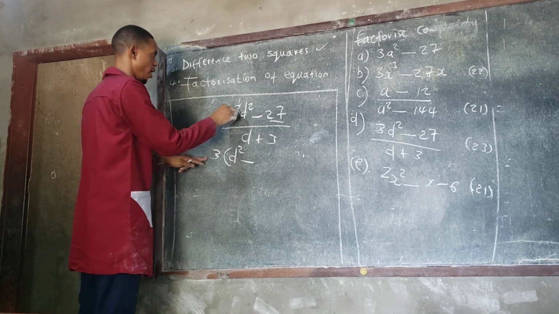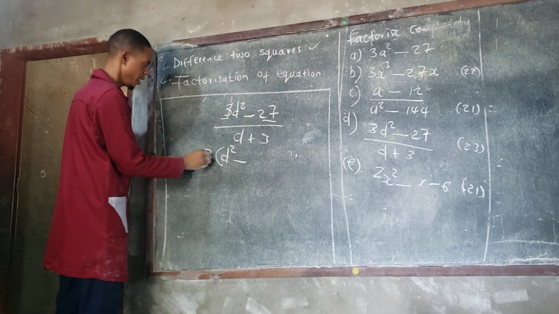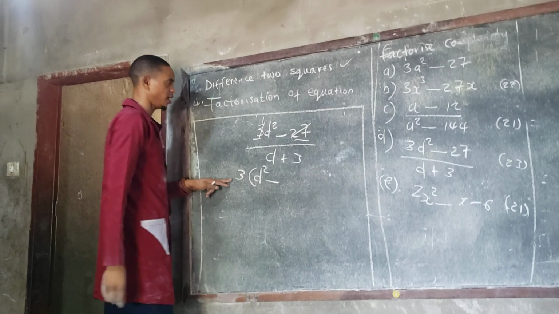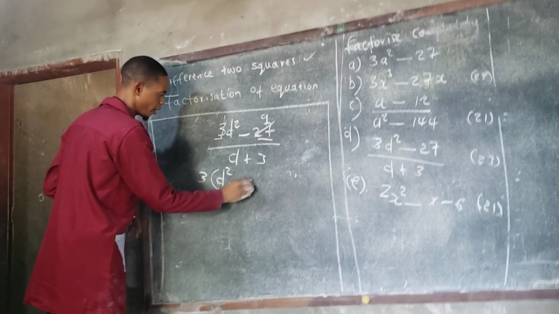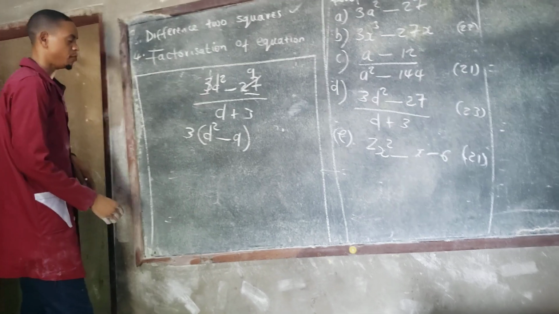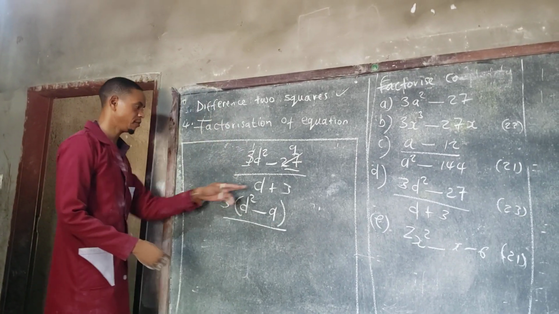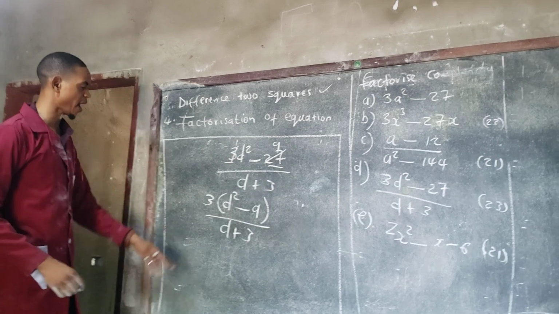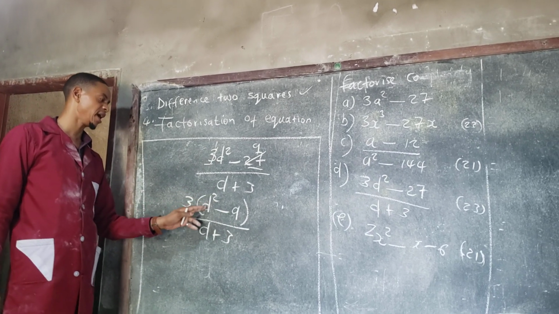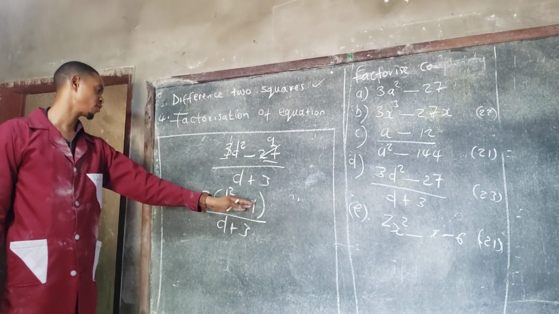3 into 3, there is 1. 1 times d squared, d squared. 3 goes how many times into 27? It goes 9 times. So I'll write my 9 there, close the bracket, and then bring my d plus 3. D has a perfect square, so I have to find the perfect square of 9.